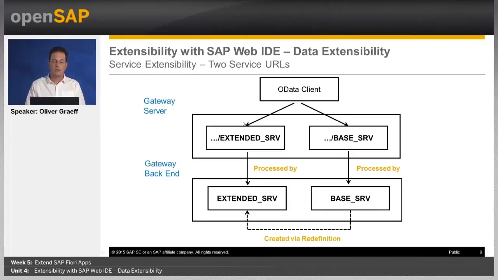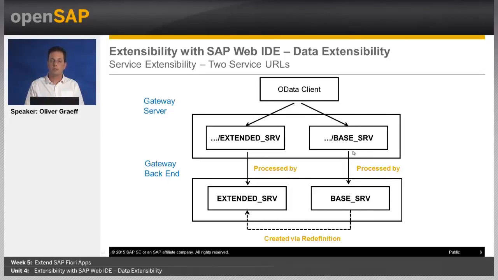You can see the gateway server with the respective URL used in that application, and in the standard there's a base service here, and in the backend system that is implemented by a certain service which is providing the data. And if I extend that, it's another service and also another URL from the gateway server. So we would need to change the Fiori application.